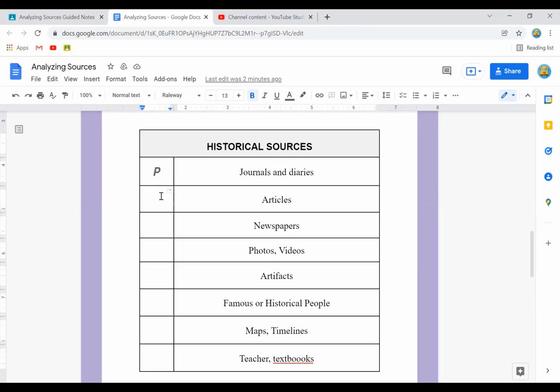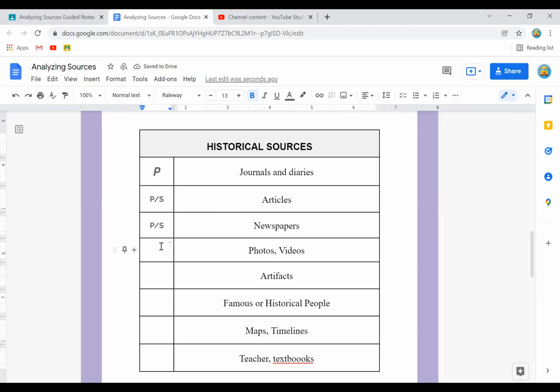Articles. So this could be a P or an S, and this is why. If the author was writing about an event in their article, they were there, it's a primary source. If the author was not there, it's a secondary source. It's the same for newspapers.